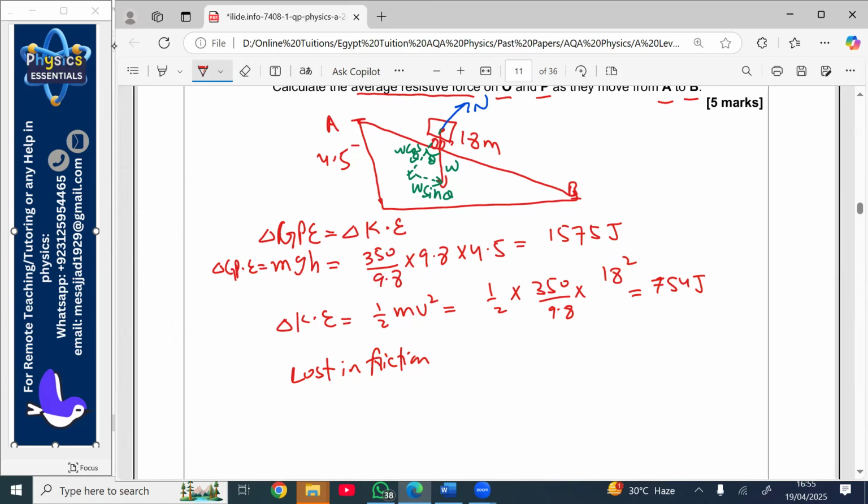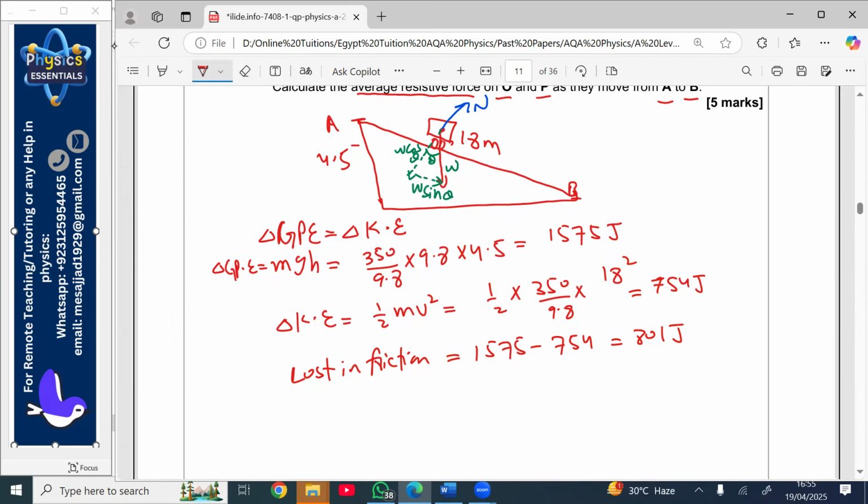But the energy that actually takes the body from A to B in the form of kinetic energy is only 754 joules. So the energy lost in friction is 1575, which was the total initially lost, minus this one used to take the body down to B. So this is your lost energy.